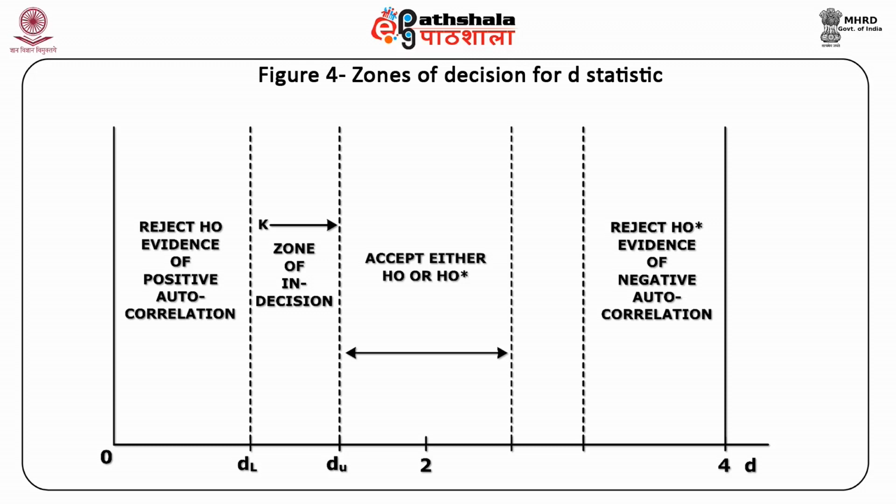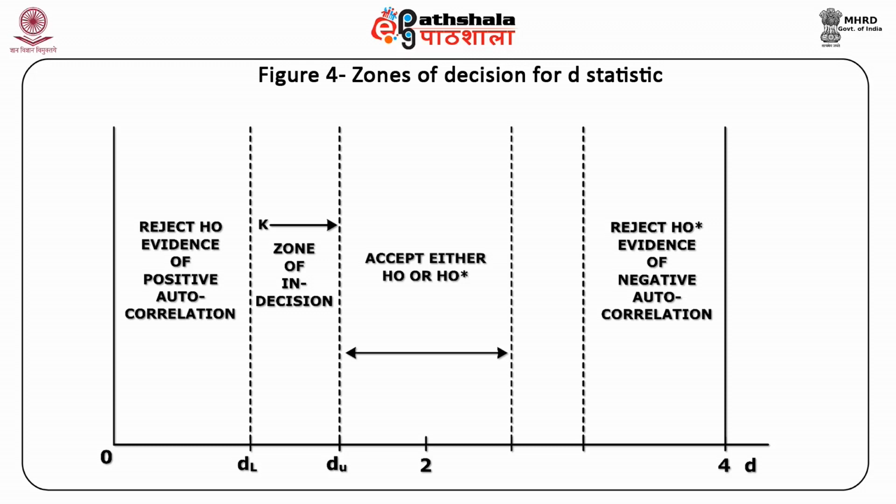So for the hypothesis of no positive autocorrelation, our decision is reject if D is between 0 and DL. For the hypothesis of no positive autocorrelation, our decision is no decision if the value of D is greater than or equal to DL but less than or equal to DU.